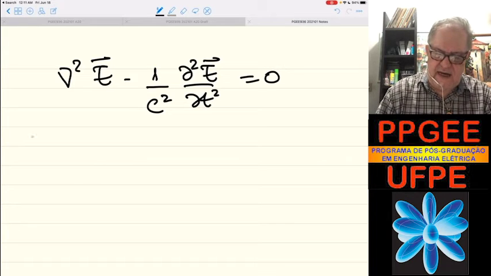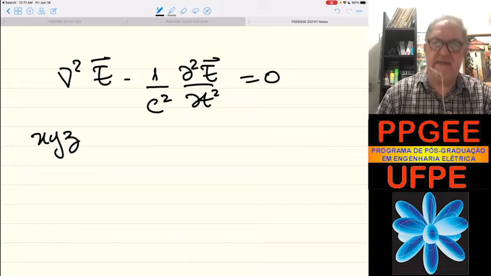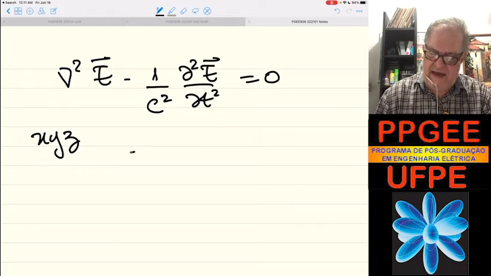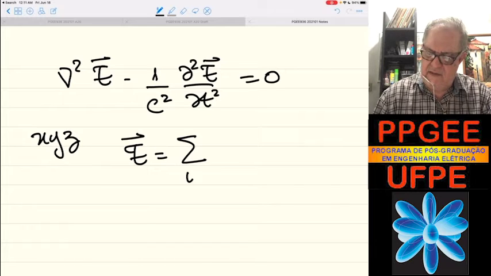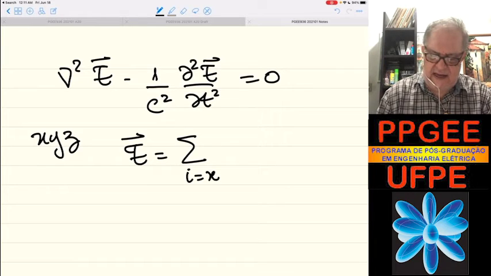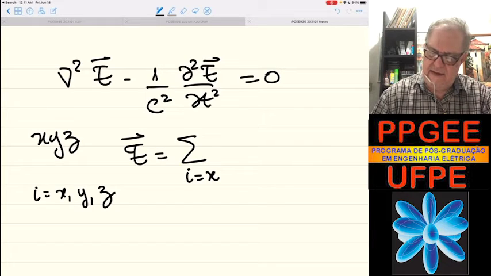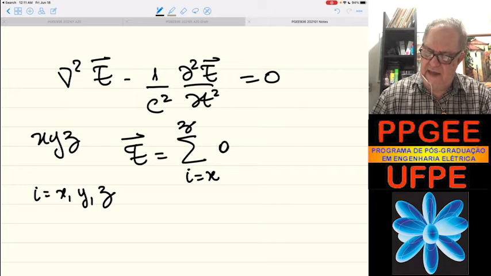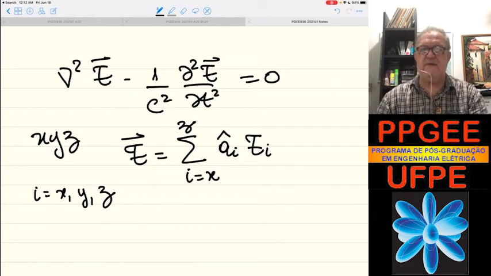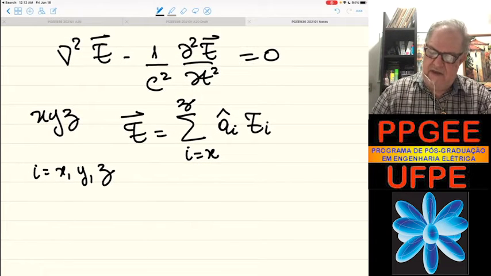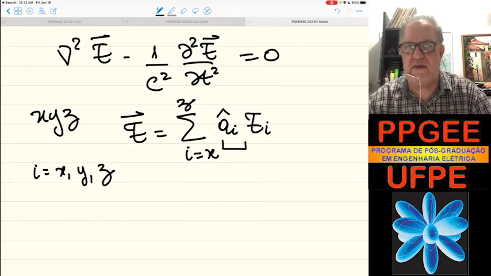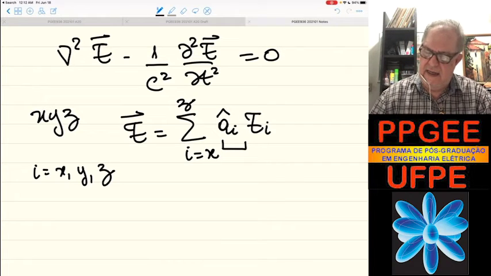So let's use a rectangular coordinate system in which f can be written as the sum over three components, i going from x, y, and z, so that's a_i f_i. Now f_i is a component of the field. So if I use this rectangular coordinate system in which the versors are constant, right?